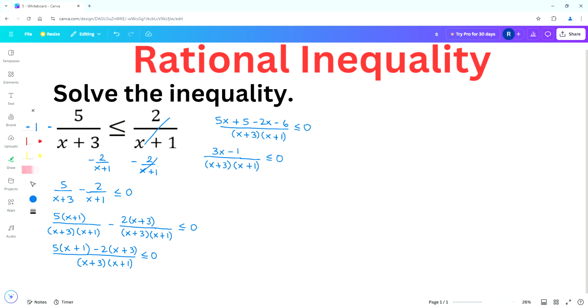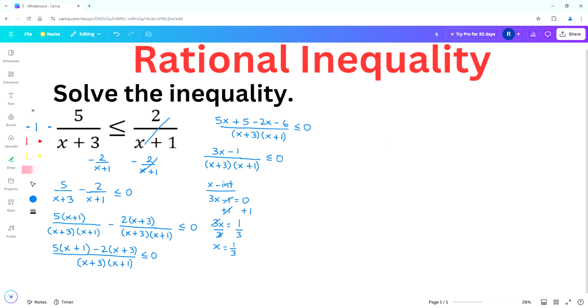Next, we should find the x-intercept and vertical asymptotes for this rational function. For x-intercept, we should set the numerator expression equal to 0 and solve for x. I get x equals 1 over 3.